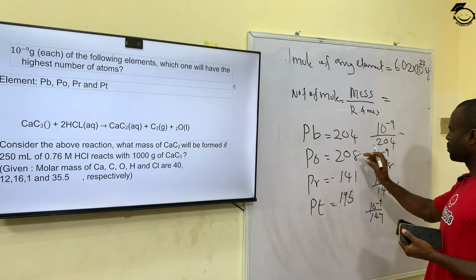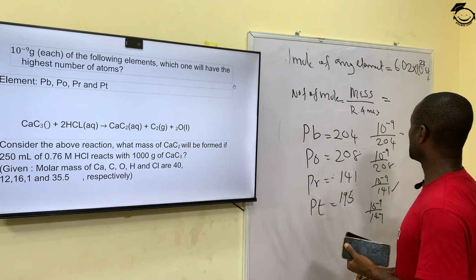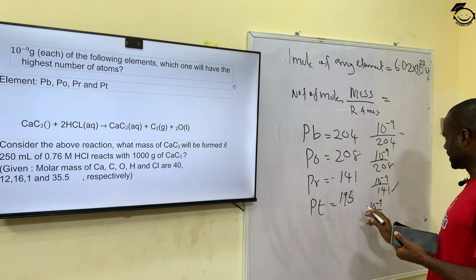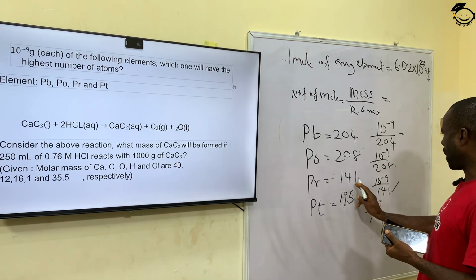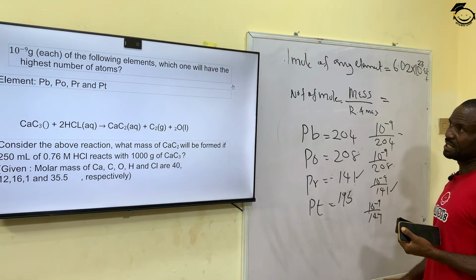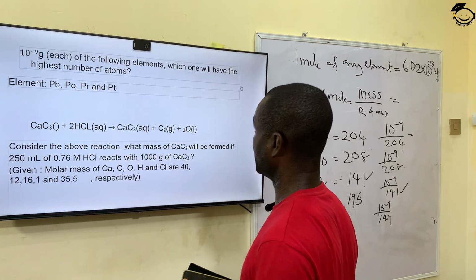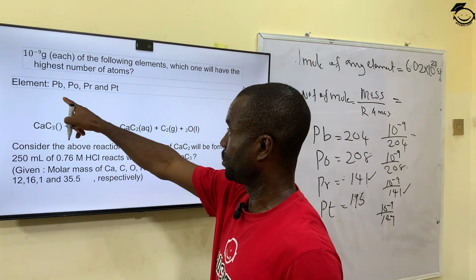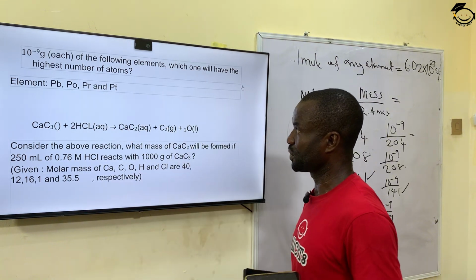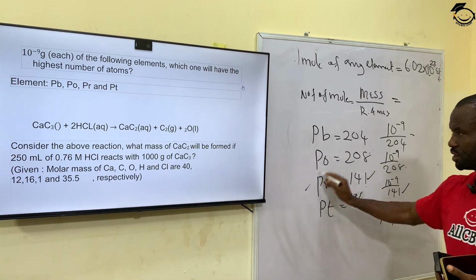The atom with the smallest relative atomic mass will give you the highest number of atoms. So 141, which is praseodymium, will give the highest number of atoms in this group of elements: lead, polonium, praseodymium, and platinum. So the correct answer will be praseodymium.